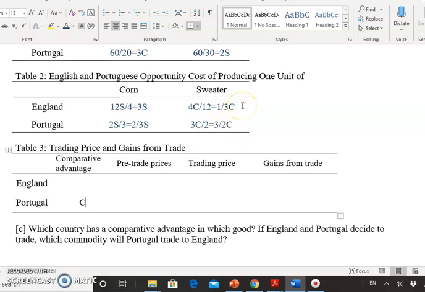So England gives up less corn to produce 1 sweater. That means it has the comparative advantage in sweater production. So here we already find the comparative advantage for both countries.